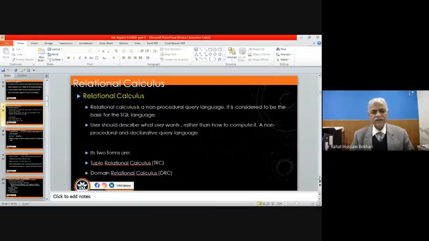On the other hand, if you give the task to the computer and the language assists you to just do this task for me, without giving the details of each and every step, then you say this is non-procedural.